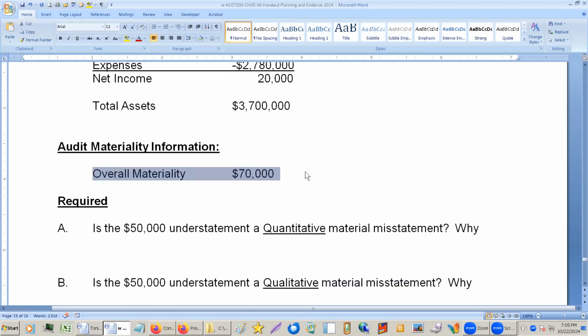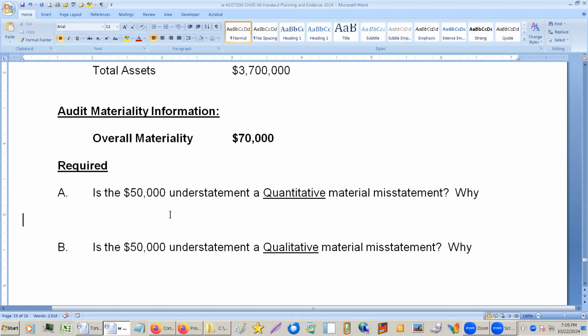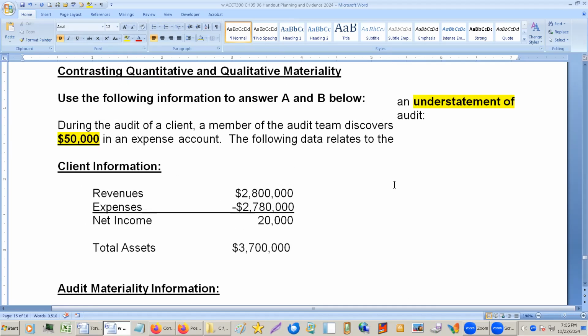The overall materiality level is set at 70,000. Is this quantitatively, in other words, dollar-wise, is this material? This $50,000 misstatement, is it material?